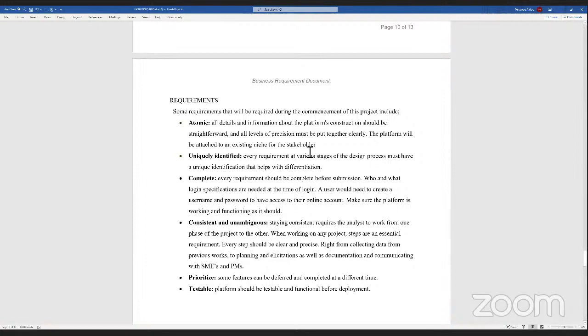Then also the use of terminologies. I realized you used something like "atomic", which is exactly what we are seeing right now, that's requirements. Assuming a top business person among the stakeholders sees "atomic", you can actually kill his interest.